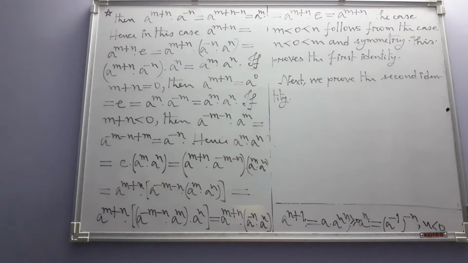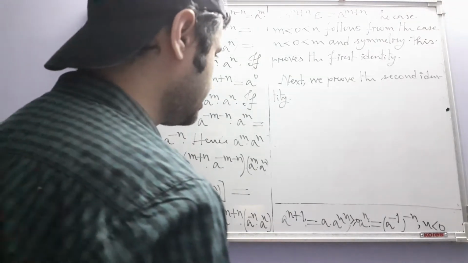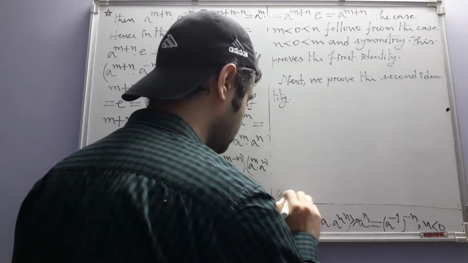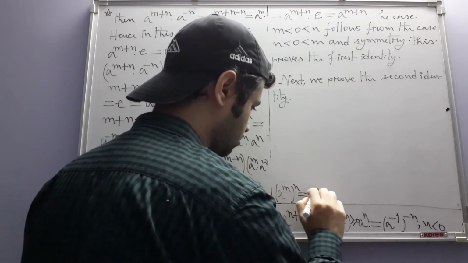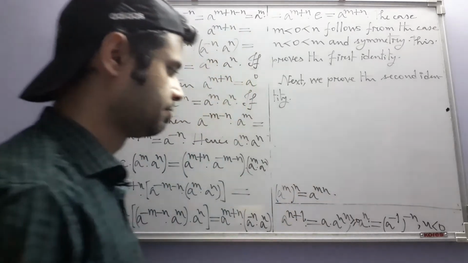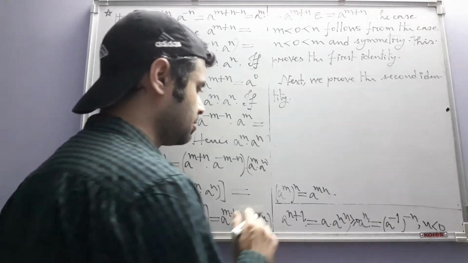We are going to use induction on n. The second identity is, of course, this one.